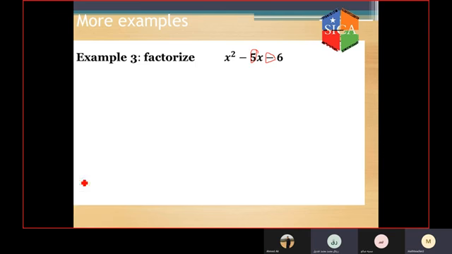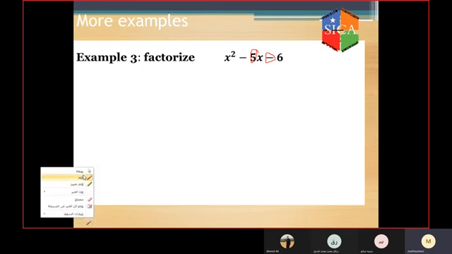Negative 6 plus 1. Yes, negative 6. But to make it easy, we search for two numbers whose product is 6, ignoring the sign. But the sign here, what do we use it for? 1 by 6 and 2 by 3.